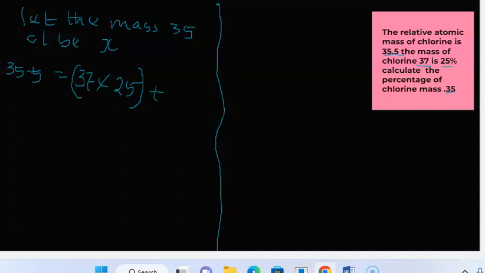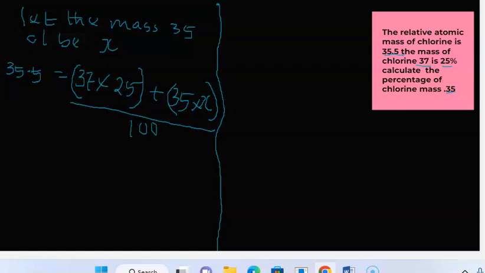Now we multiply the mass, which is 35 again, times its percentage that we are looking for, which is x. Then we close the bracket and put all of it over 100.